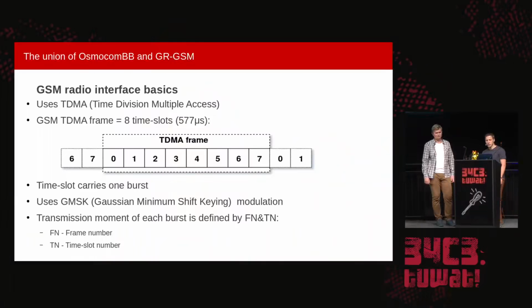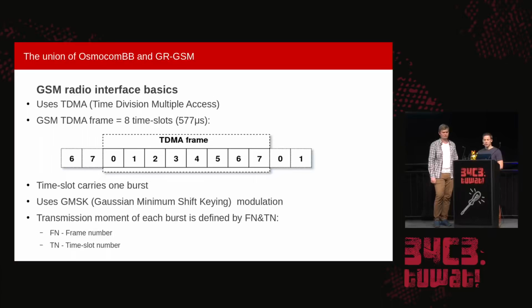So, a very short introduction to GSM. The signal at the Um interface, the radio interface of GSM, uses time division multiple access with frames containing 8 time slots. Each time slot carries one GSM burst. It's kind of a GSM packet.